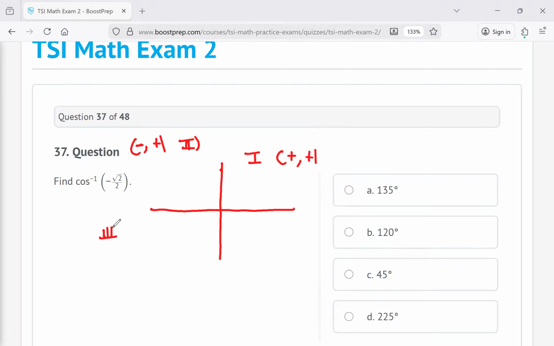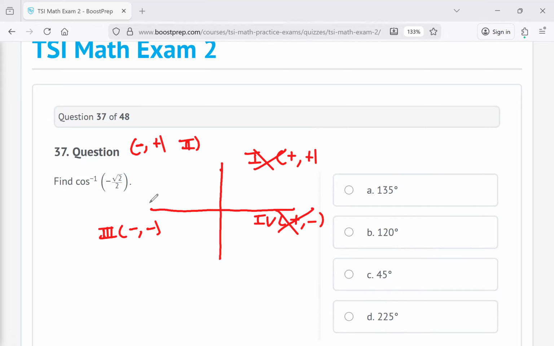Then quadrant 3. Cosine is definitely negative, sine is also negative, so yeah, maybe. What about quadrant 4? Cosine is positive and sine is negative. No, we want a cosine that is negative. So we could use quadrant 2 or 3, or can we?